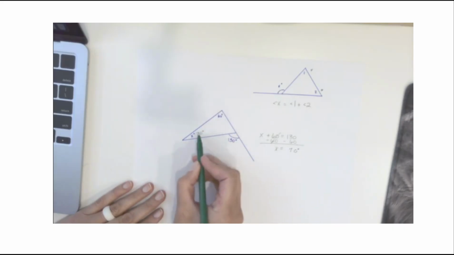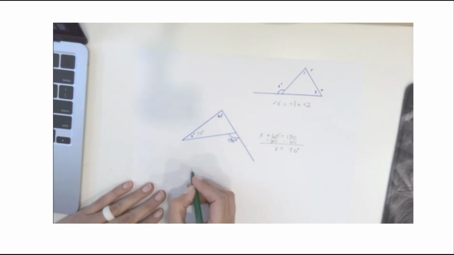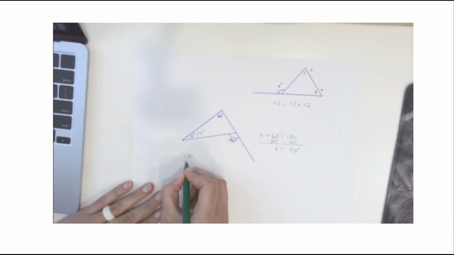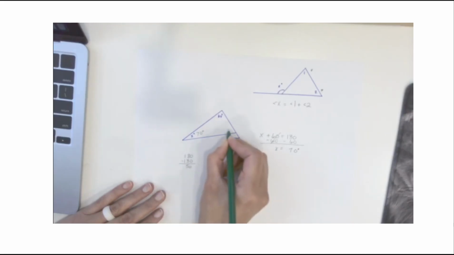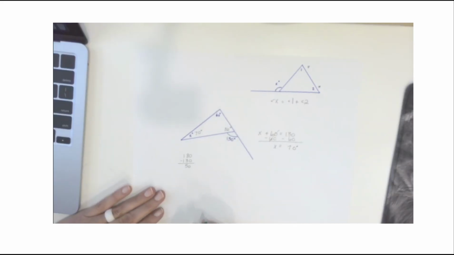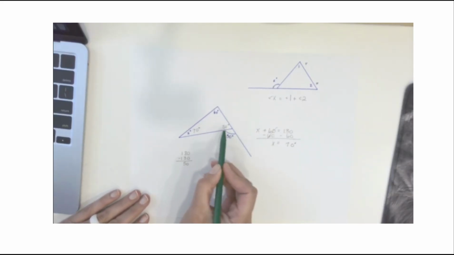And we know all interior angles of a triangle add to 180. So we know that we have 180 degrees, and we already know 60 plus 70, which is 130. And so this angle that's left is 50 degrees. Another way you could have known that is we have two supplementary angles right here.